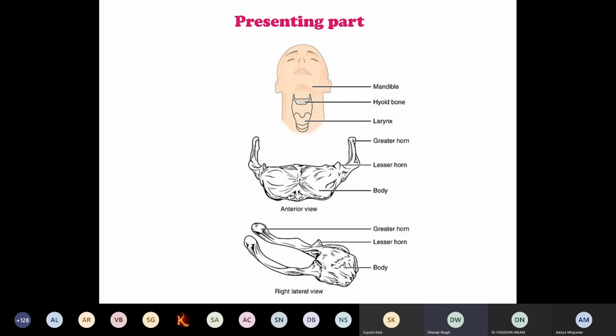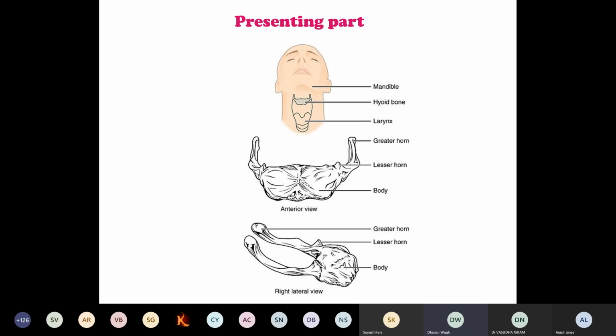Now see the parts of the hyoid bone. We have seen the hyoid bone location. It is present in front or anterior of the neck between the chin and the larynx.